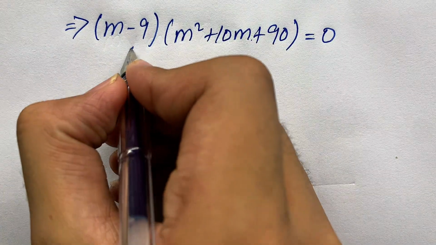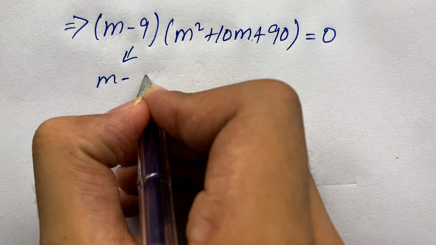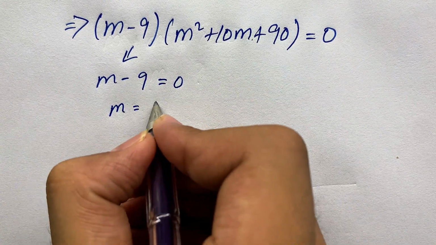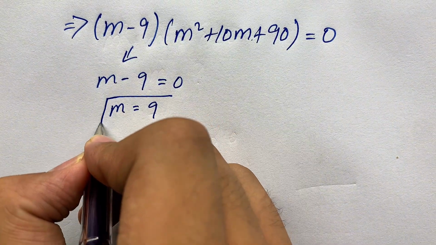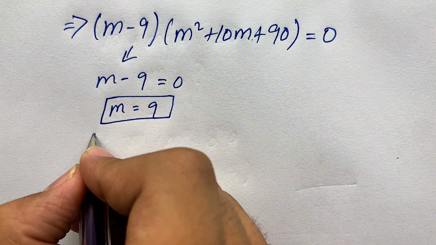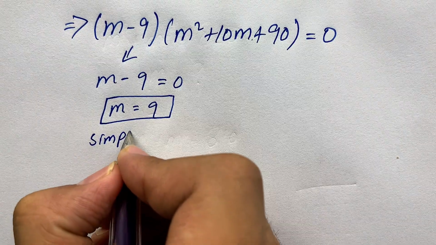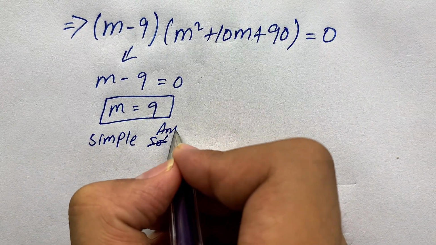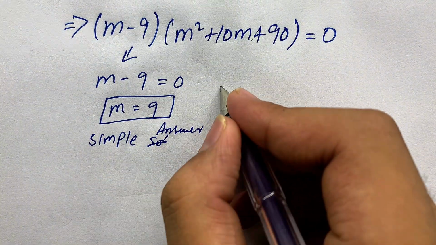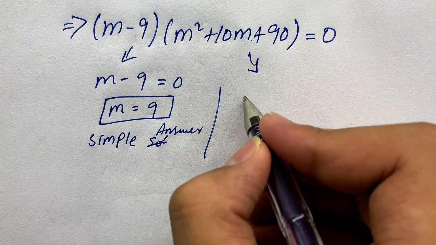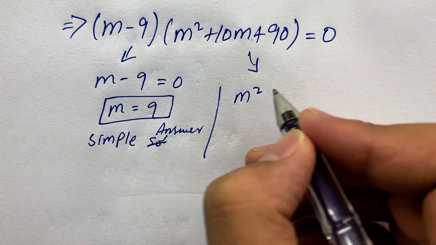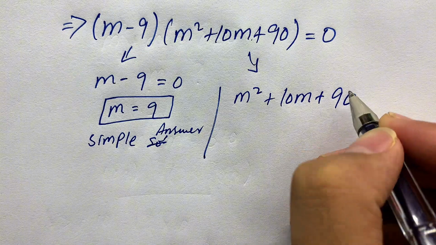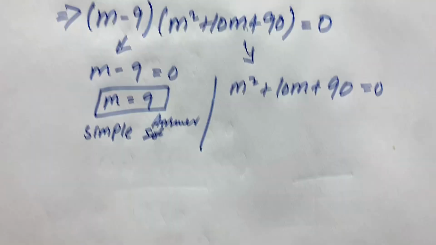So in this we get this side m − 9 is equal to 0 and m is equal to 9. This is our simple solution, simple answer. And now our second side is m^2 + 10m + 90 is equal to 0.